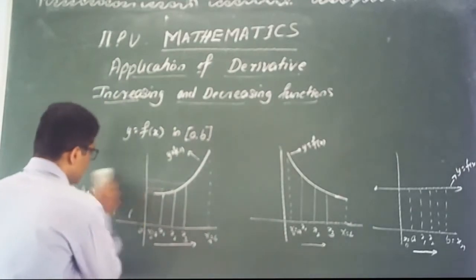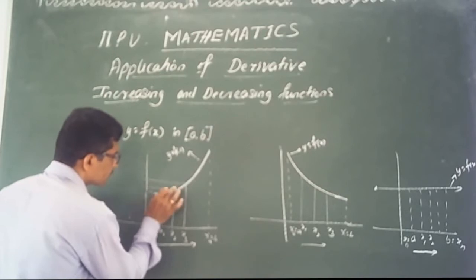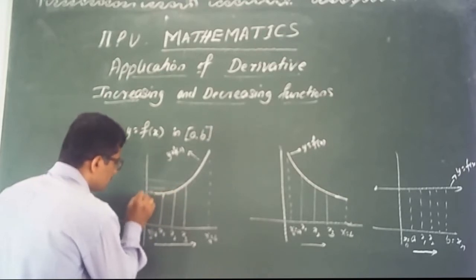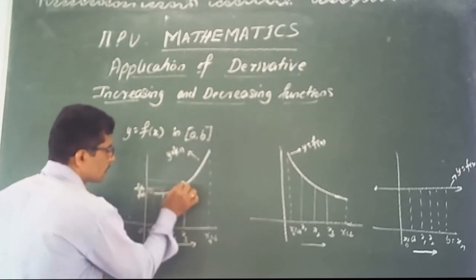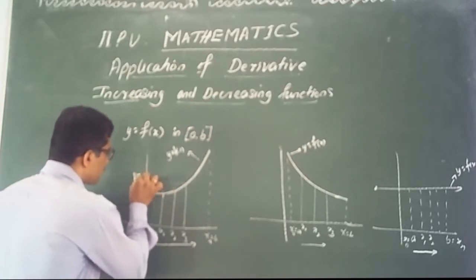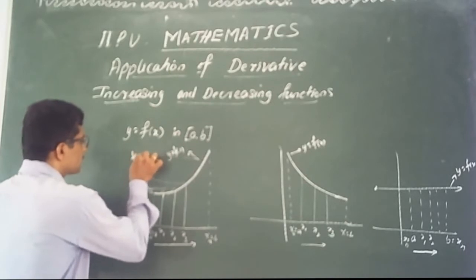At this point this value is f of a, this value is f of x1. Suppose this value is f of x3, this value is f of xn.